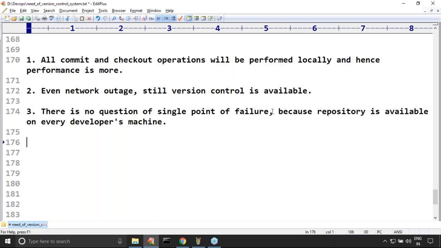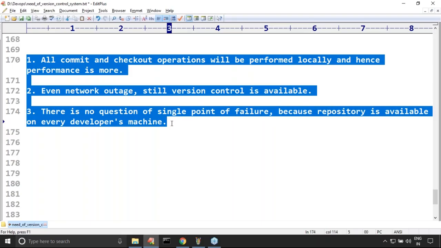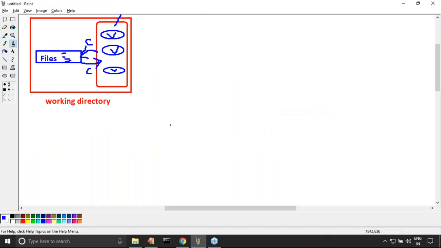That issue we are going to discuss. Of course it is not an issue, it is the next level discussion. Up to this, any doubt? Are all the people comfortable? Listen very carefully, these words are very important. Now my next question: commit operation and checkout operation all happen within the same system only, from working directory to repository.